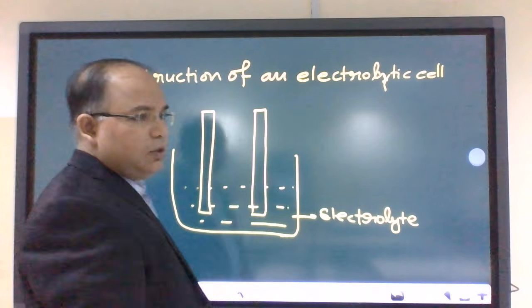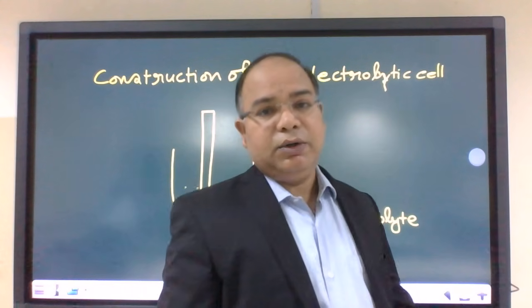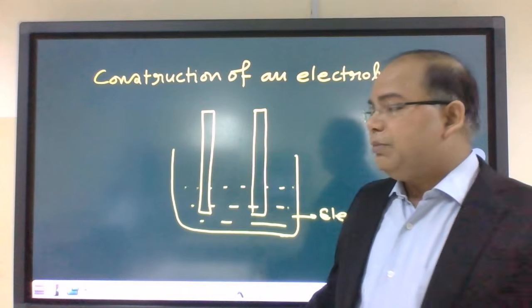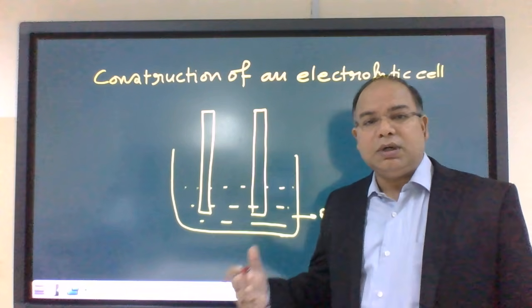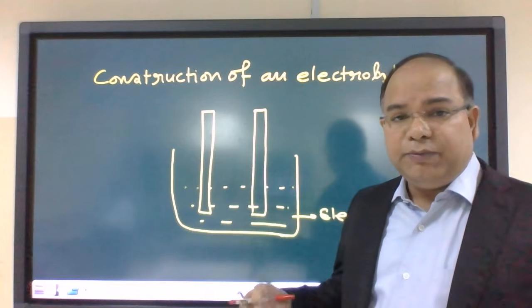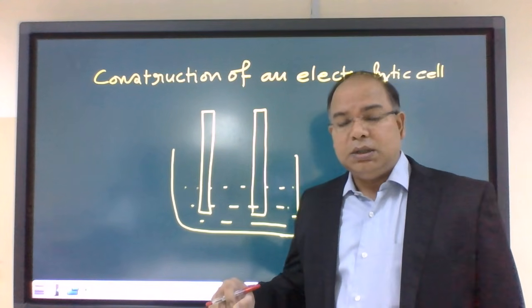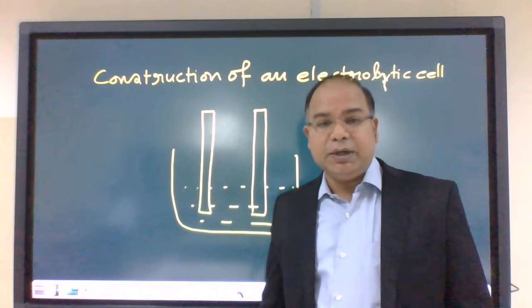Obviously, those rods must be of inert material like graphite or platinum. Sometimes we use metal rods also, but that is called an active electrode, because if we are using a metal electrode, then that metal can participate in the chemical reaction.